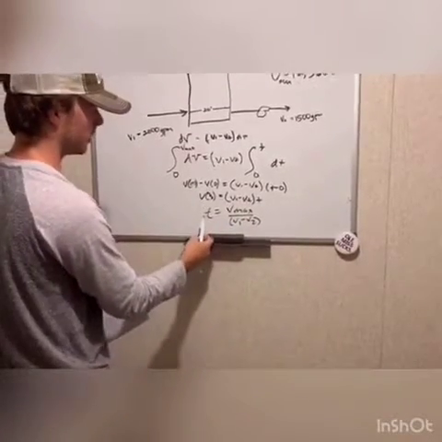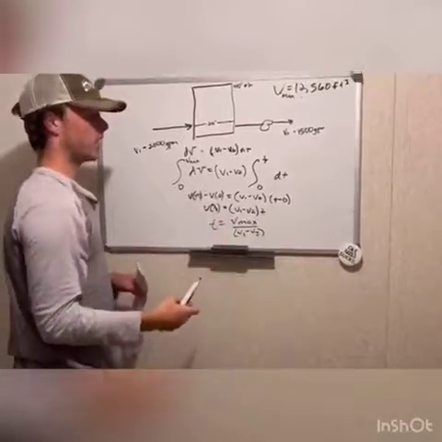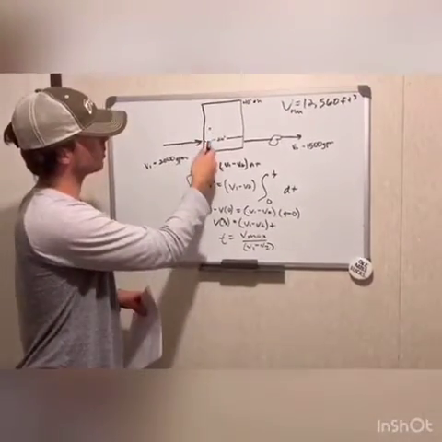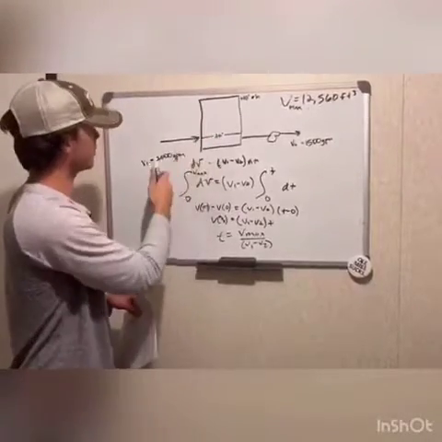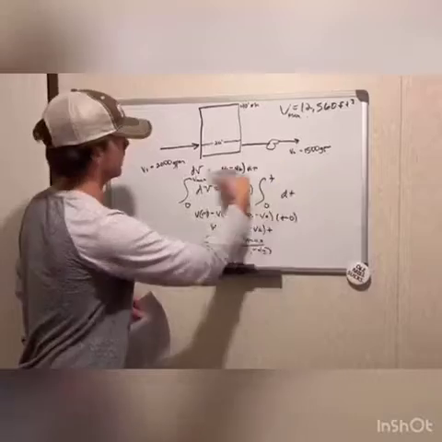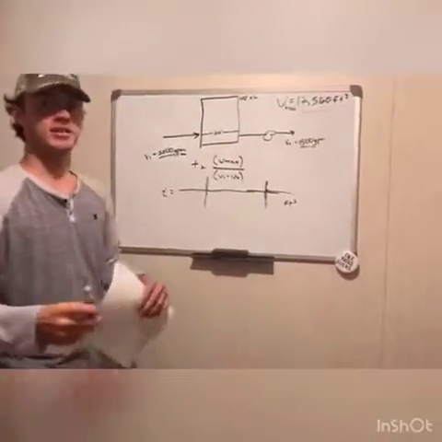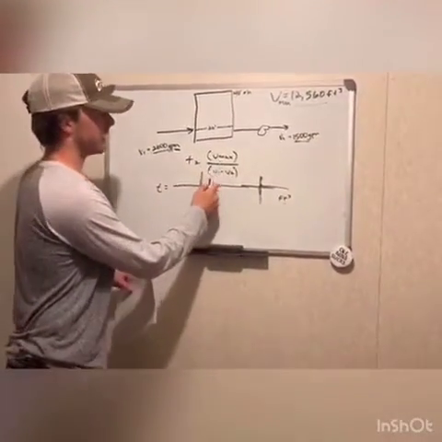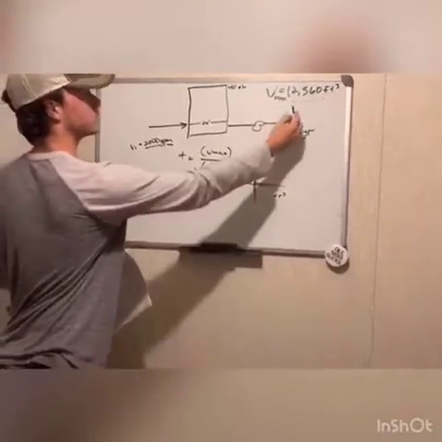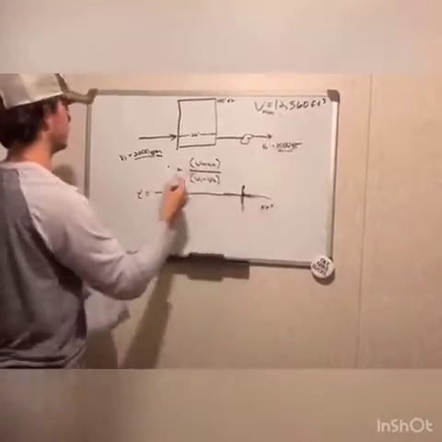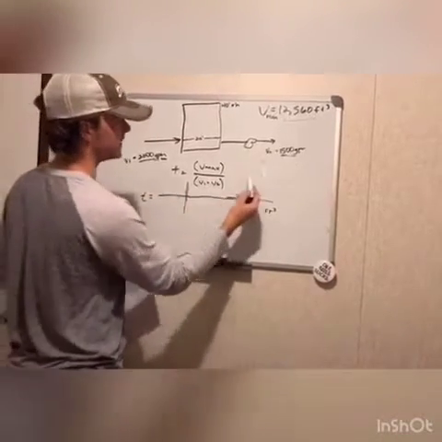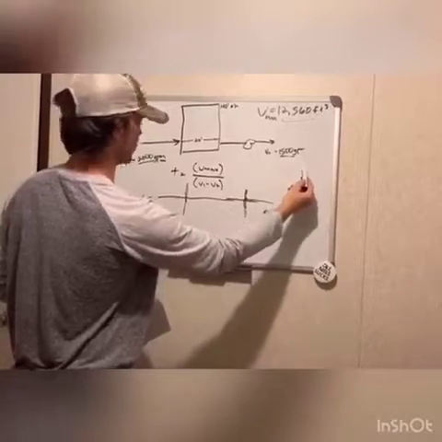This number will give you how long it would take for this oil tank to fill up due to this flow rate in and this flow rate out. So now we have t equals Vmax over V1 minus V2. Vmax equals 12,560 feet cubed, V1 equals 2,000 gallons per minute, and V2 equals 1,500 gallons per minute.